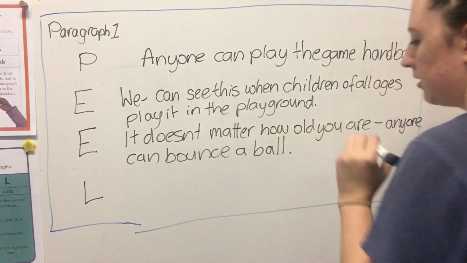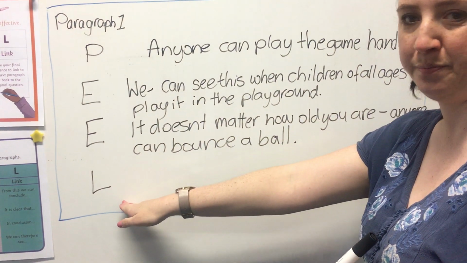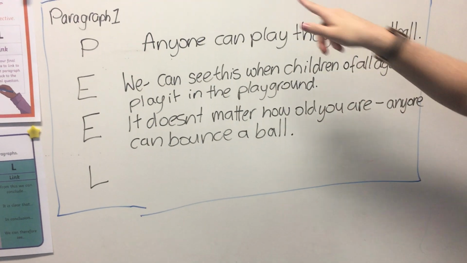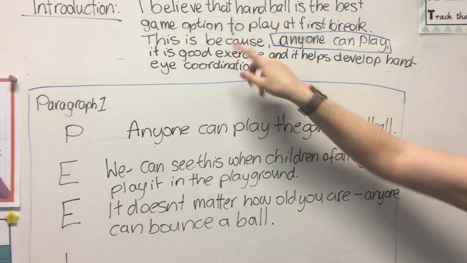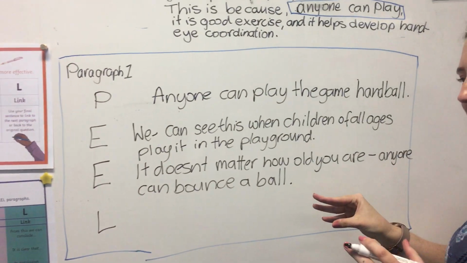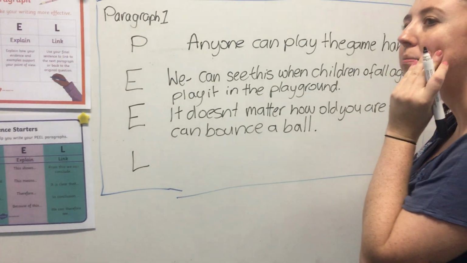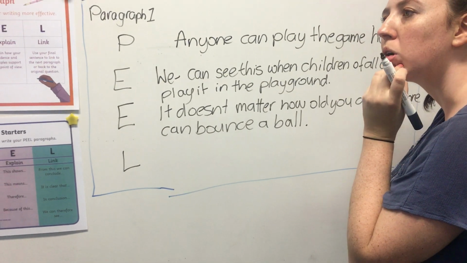And lastly, we need to link this. So we might link it to my next paragraph, which is going to be, it is good exercise. So I might say something about how anyone can play it and link that to good exercise. So let me have a think. Sometimes it takes a little while to think about what you're going to write.